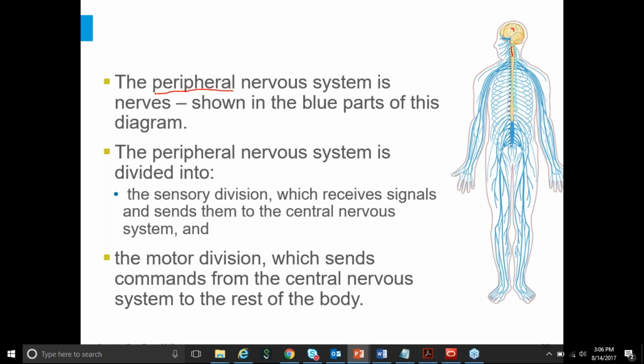The peripheral nervous system is divided into the sensory division, which receives signals and sends them to the central nervous system, and the motor division, which sends commands from the central nervous system to the rest of the body.